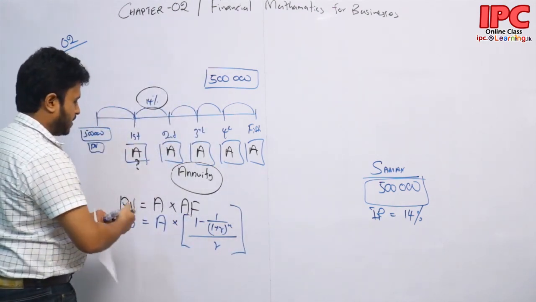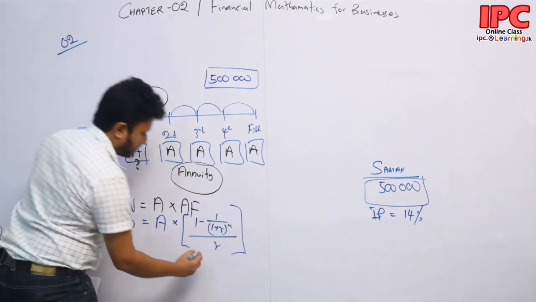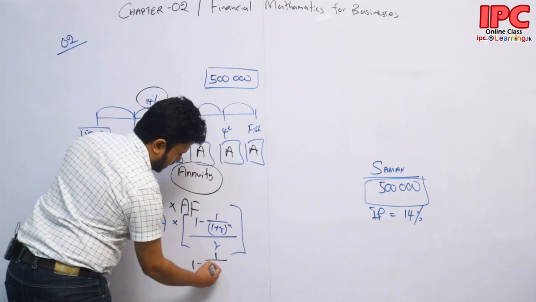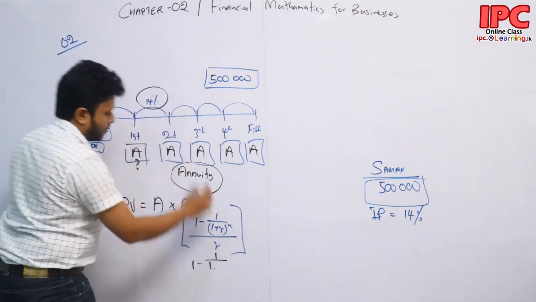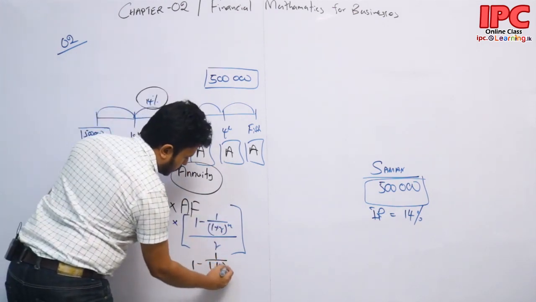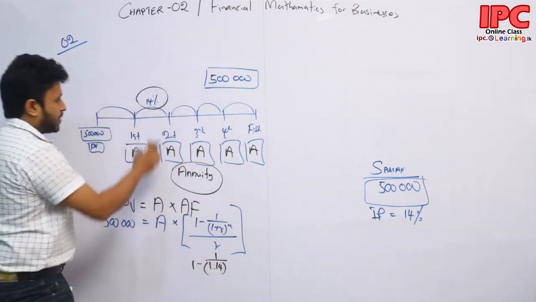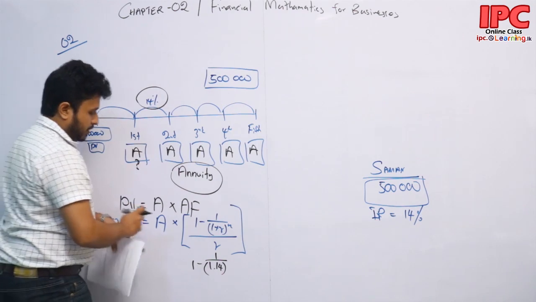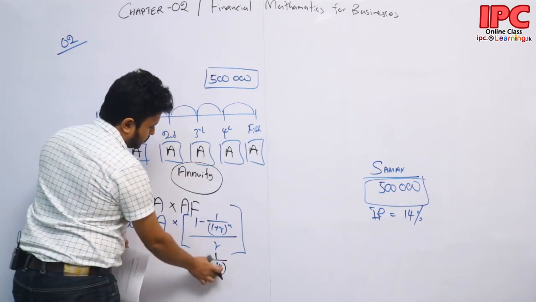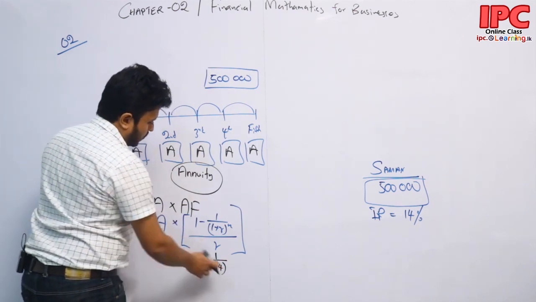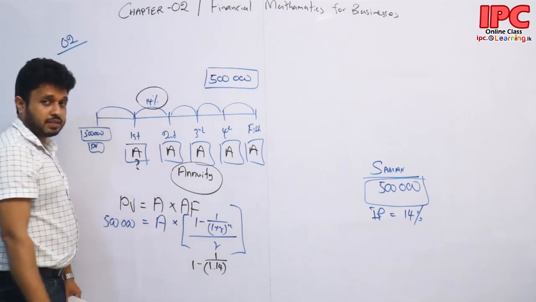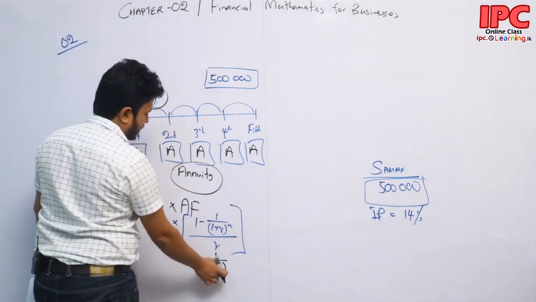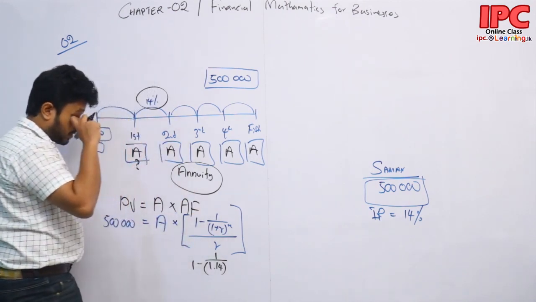So here, 1 minus 1 divided by 1 plus 0.14, that is the interest rate. Since this is compounded annually, we are directly putting it as 0.14. If it is compounded quarterly, we have to divide this by 4.